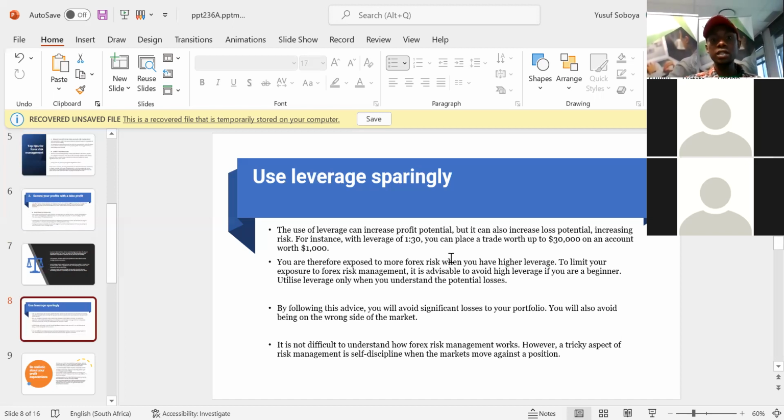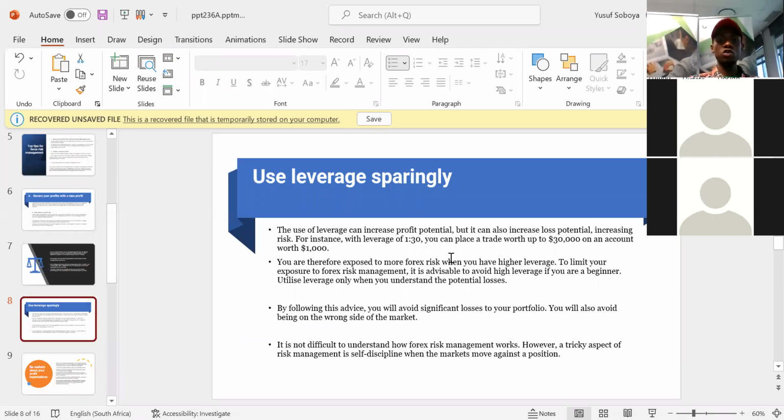For instance, with a leverage of 1 to 30, you can place a trade worth $30,000 on an account worth $1,000. So if you put in $1,000 and take 1 to 30, you can place trades worth $30,000. Doesn't mean you're going to place the whole trade at once, but that's what the account gives you. It gives you the equivalent of $30,000 to trade with.